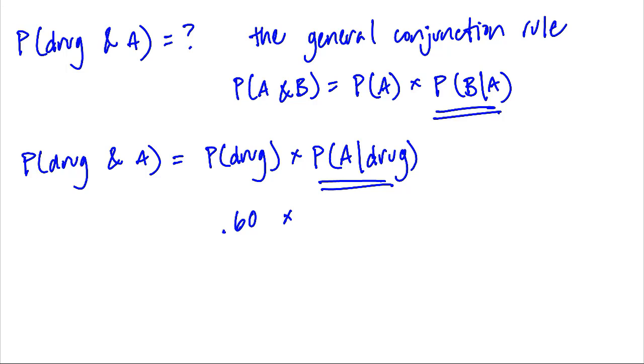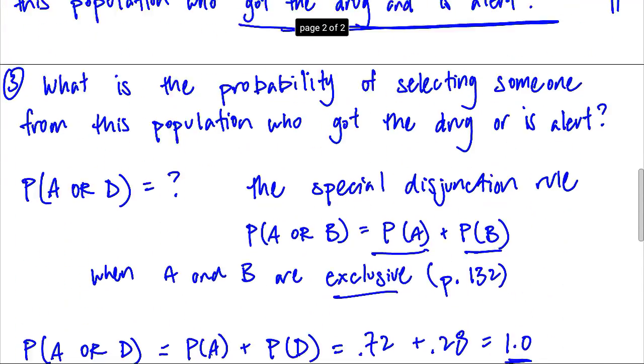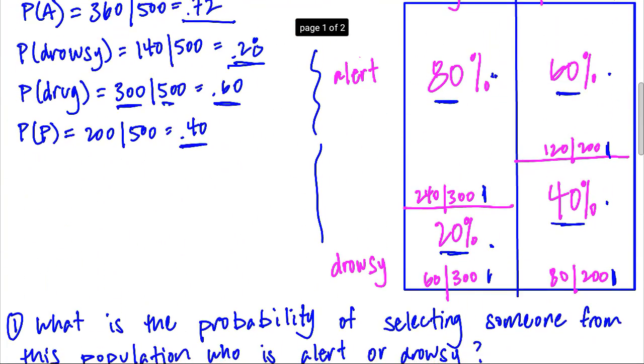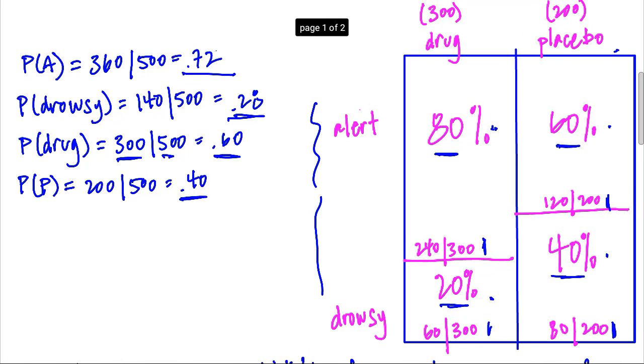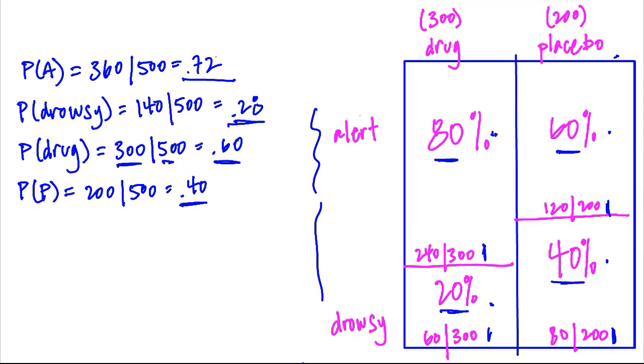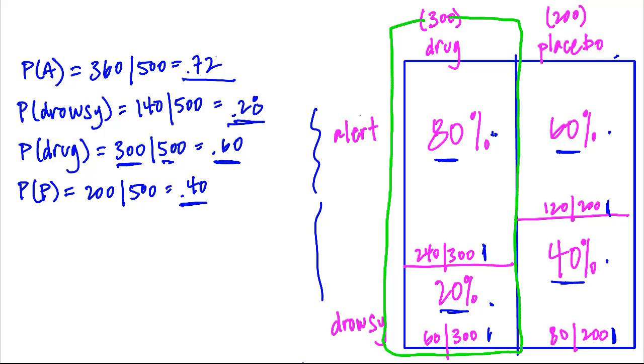Okay, so there are different ways to find this conditional probability. The easiest one, especially when you have the diagram already drawn, which we do, is to look at the diagram. So what we want to consider is, given that someone got the drug, that is, given that someone's in this part of the population, this 3/5 of the population, what's the probability that that person is alert?